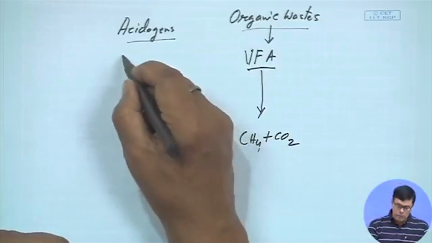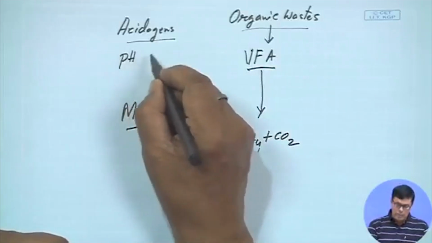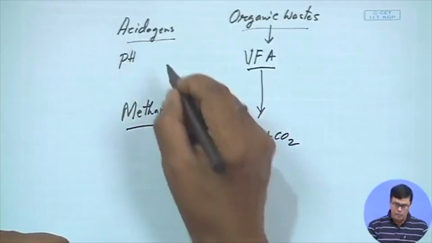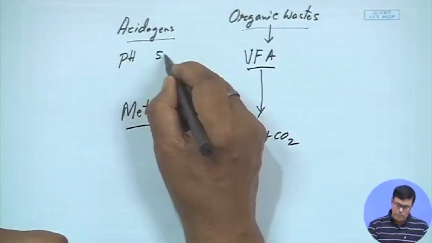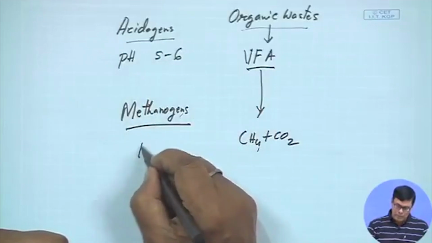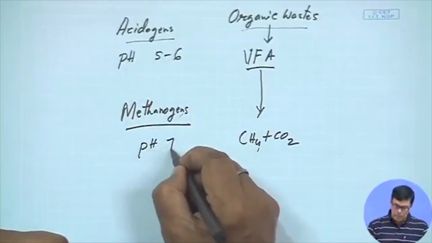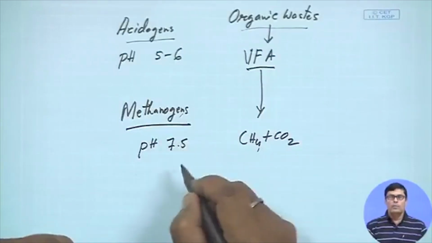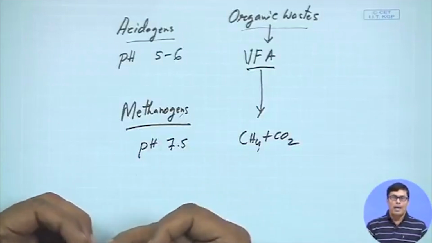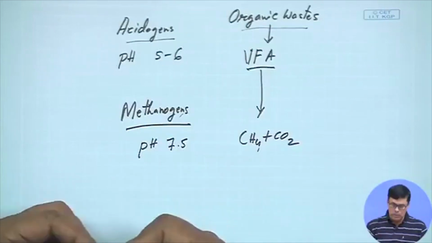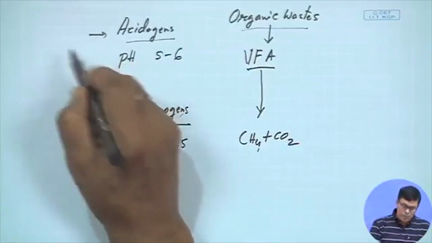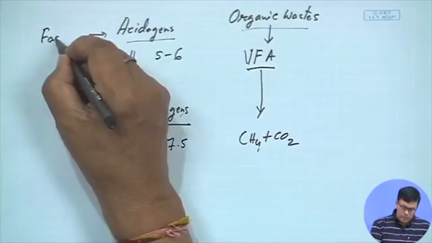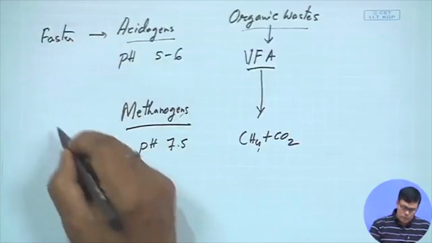Not only that, with respect to pH, the acidogens work at acidic pH, maybe 5 to 6 is better, whereas for methanogens about 7.5, an alkaline pH, is better for growth. The growth of the acidogens is quite faster, and that of the methanogens is slower.